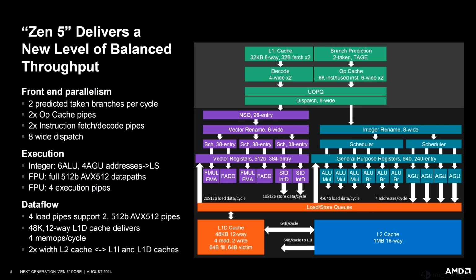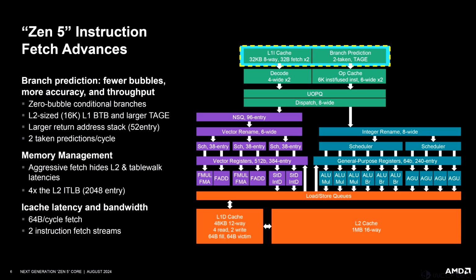Memory management, aggressive fetch, lower L2 and table walk latencies. 4x the L2 ITLB, 2048 entry. IC latency and bandwidth 64B/cycle fetch. 2 instruction fetch streams.